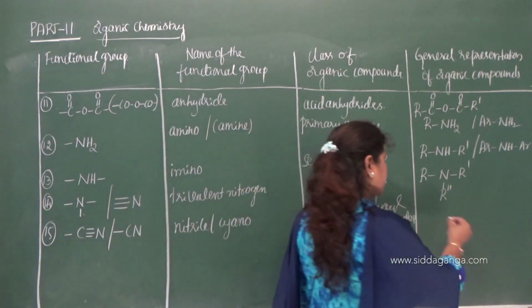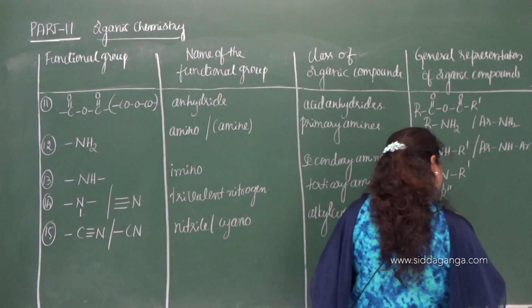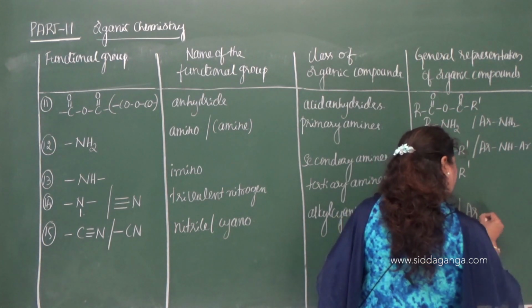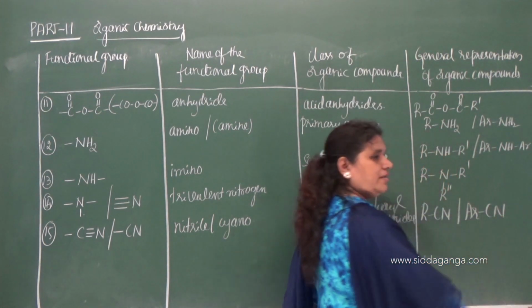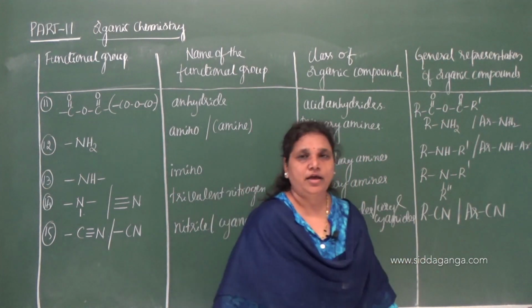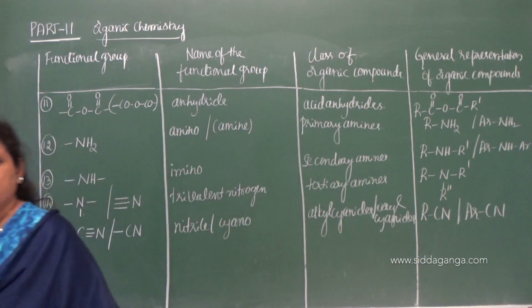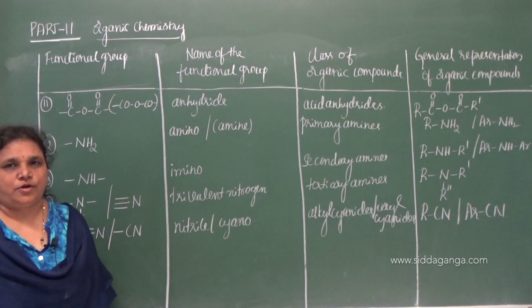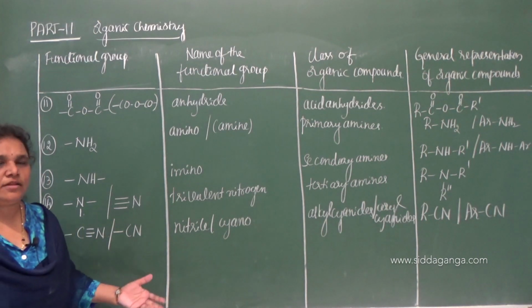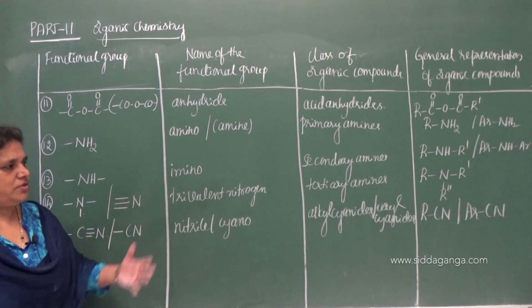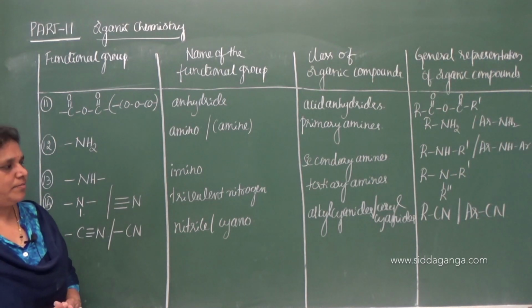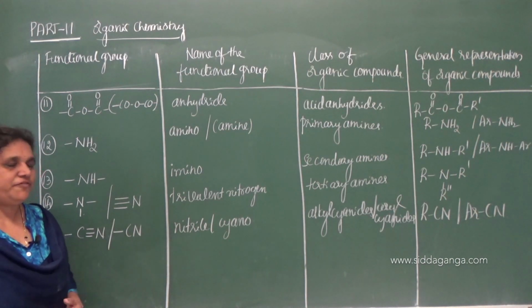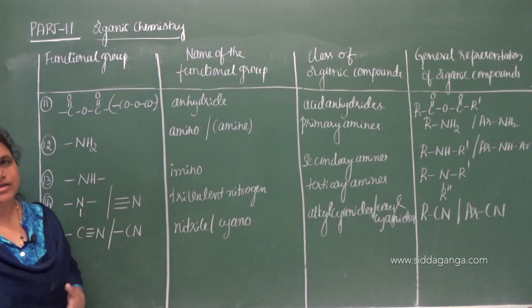Then how to represent this? RCN or ArCN. They may be derivatives of aliphatic hydrocarbons or of aromatic hydrocarbons. That is a class of organic compounds, cyanides, and the name of the group is nitrile or cyano.